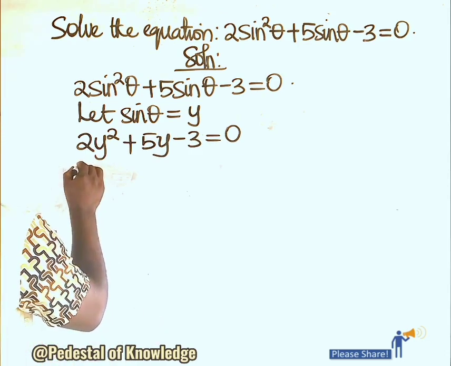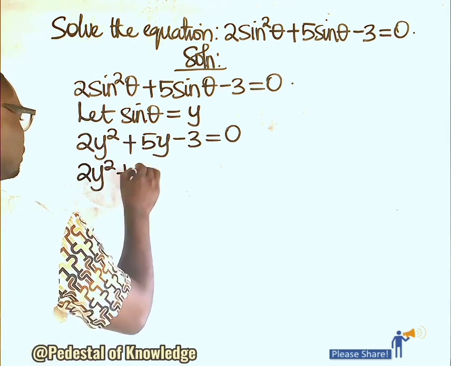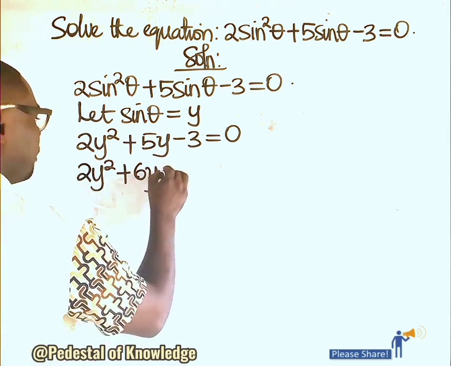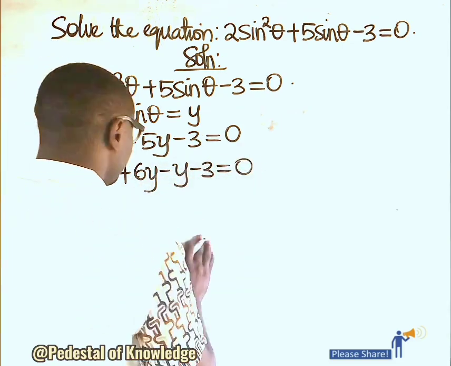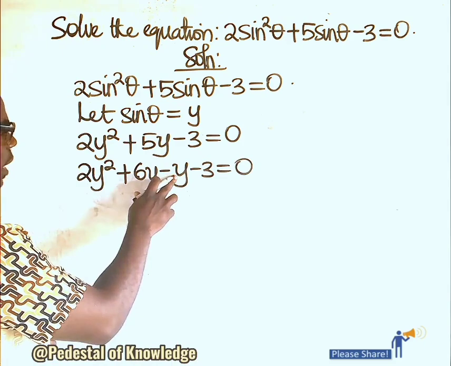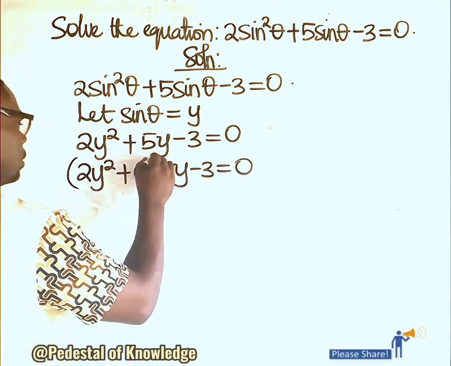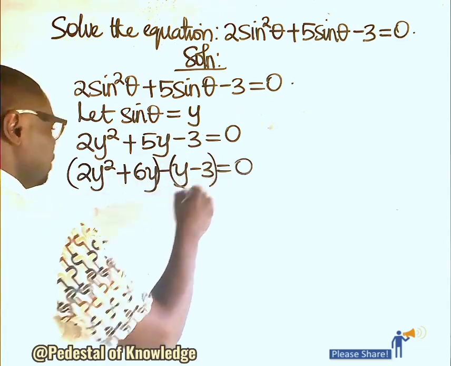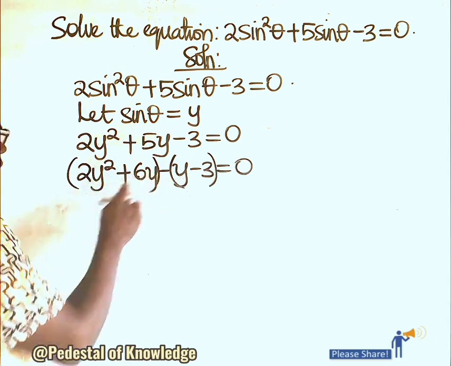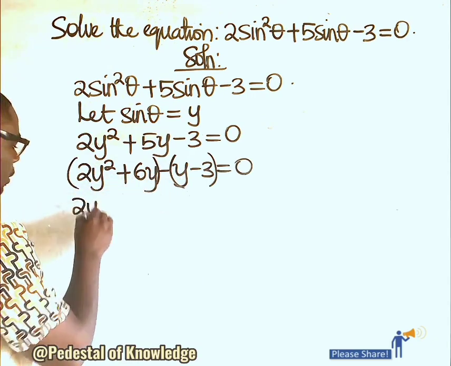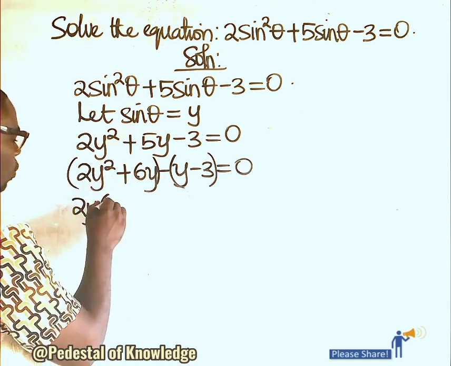So we have 2y squared plus 6y minus y minus 3 is equal to 0, because 6y minus y will give us 5y. All right, so now when we group it, we're going to have this. Now, because 2y is here and 2y is also here, you factor out 2y, then place whatever that remains inside the bracket. Now, what remains here is y.